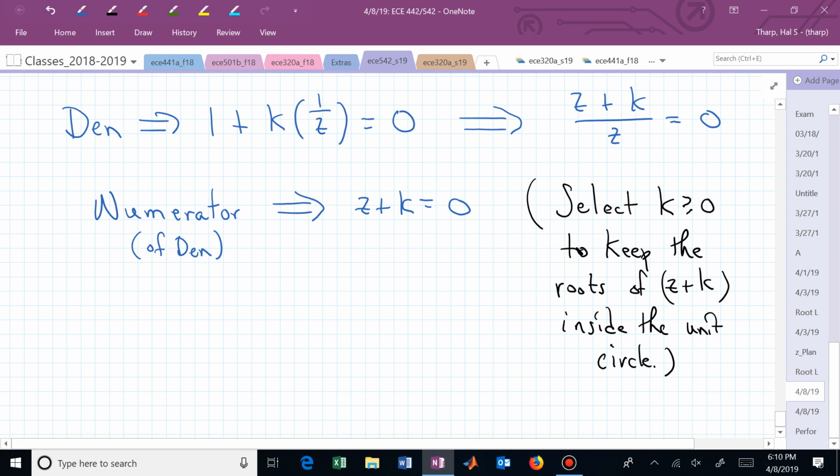So we can only crank up K so much that when we solve that for z, we keep all of the z values having a magnitude less than 1, right? That would be inside the unit circle.